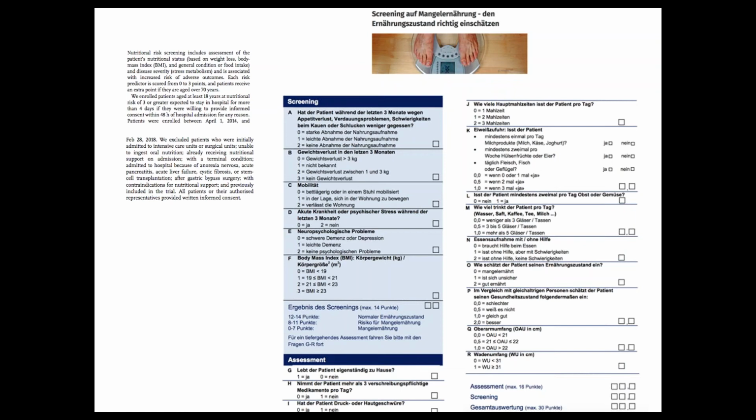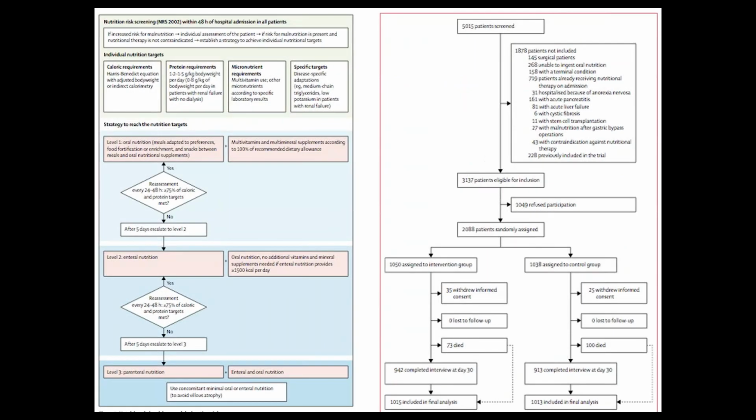Some are objective and some of them are also subjective, and then body mass index and these various other things. Plug that in to see whether or not the patients would be eligible for participating in this study. So the investigators screened 5,000 patients and then assigned, and 2,000 were marginally or poorly nourished, and so they assigned them to an intervention group or to a control group.